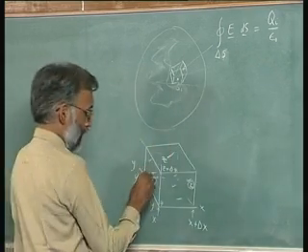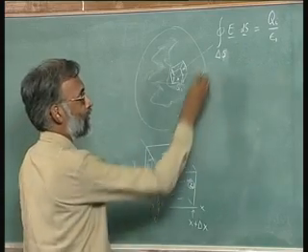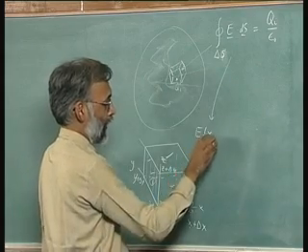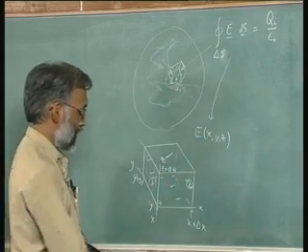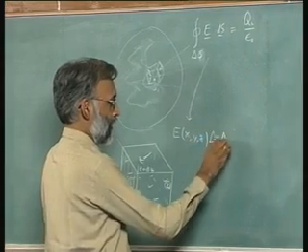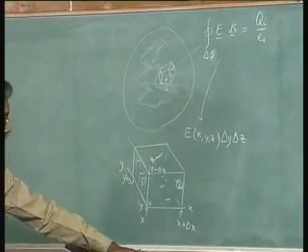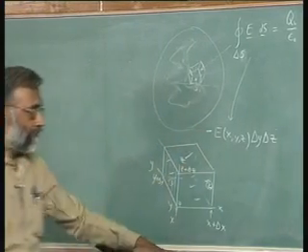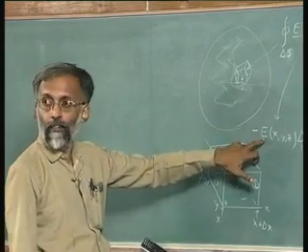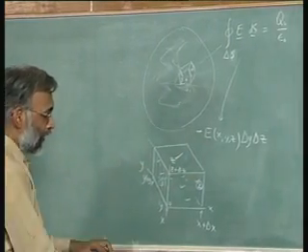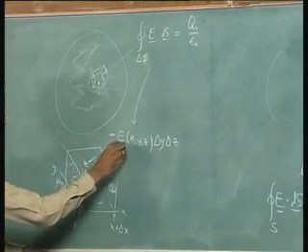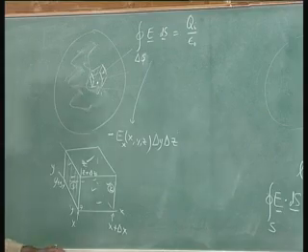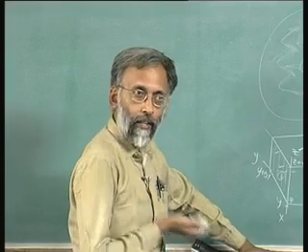So, over this surface, this integral becomes E of x y z times delta y delta z, and its flux is entering. So, I am going to put a minus sign here. Now, E is a vector. So, which component is going to enter? Well, the Ex component will enter, the Ey component will go parallel, the Ez component will go parallel. So, Ey and Ez cannot contribute at all, only Ex can contribute.